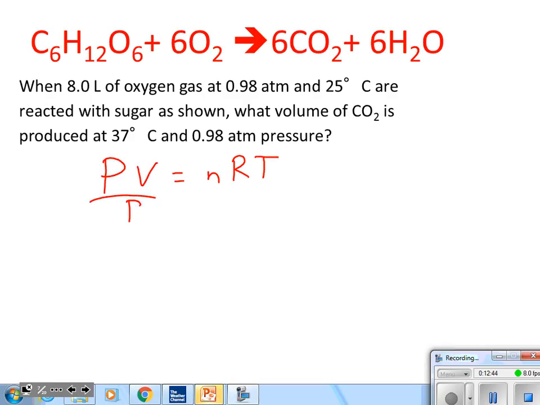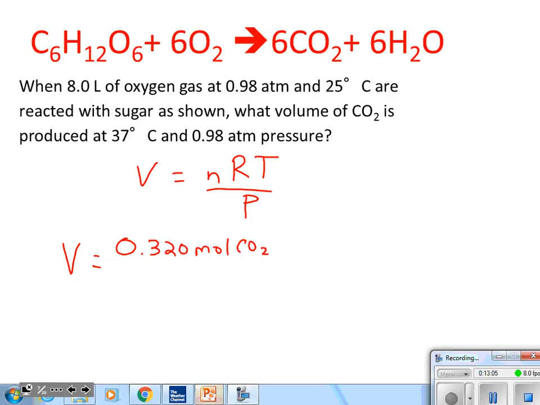So by working my equation, I divide both sides by P. So my volume is going to be nRT over P. Well, n was 0.320 mole carbon dioxide. R is the gas constant. T is my new temperature.